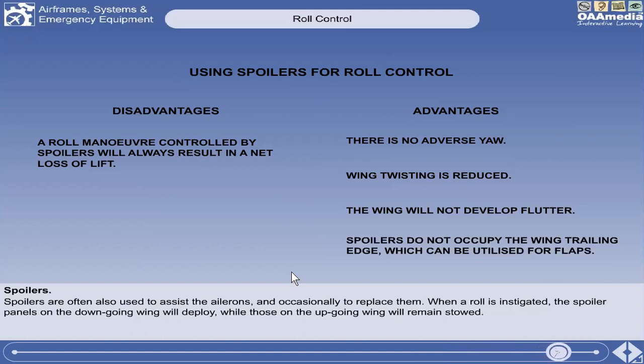Spoilers do not occupy the wing trailing edge, so there is more space available for trailing edge flaps. Since spoilers are located on the upper portion of the wing, they do not occupy the trailing edge, so there is now more space that can be utilized for the flaps. So those are the advantages.